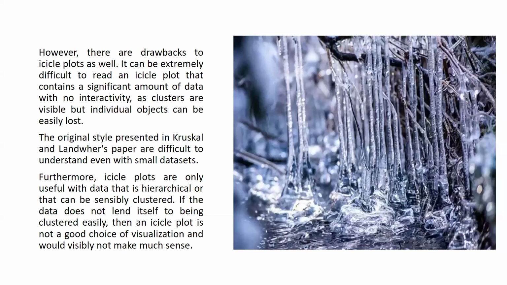Furthermore, icicle plots are only useful with data that is hierarchical or that can be sensibly clustered. If the data does not lend itself to being clustered easily, then an icicle plot is not a good choice of visualization and would not make much sense.